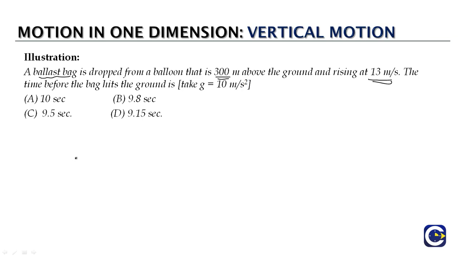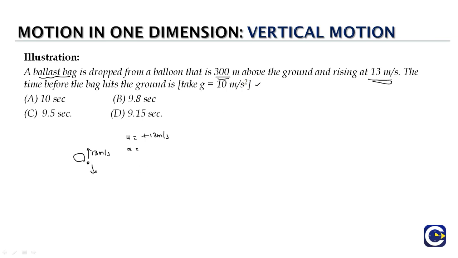So we have a balloon which is rising at a speed of 13 meters per second, and we are releasing a ballast bag from that. So the initial velocity of the ballast bag will be the same as the velocity of the balloon, which means it will be upwards 13 meters per second. So we take it as plus 13 meters per second, and here they are giving the value of g to be taken as 10 meters per second square.